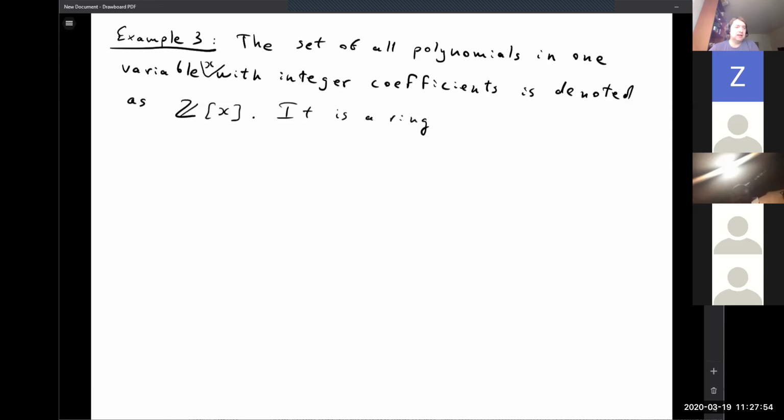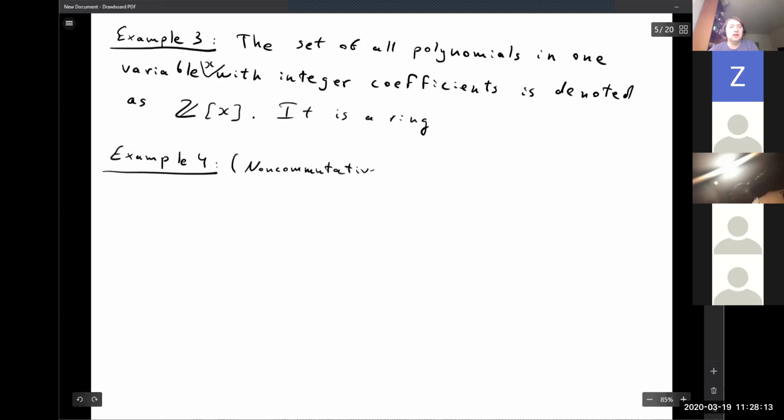And now let me go over another example of a ring. This example is remarkable. This will be a non-commutative ring where all non-zero elements have multiplicative inverses.